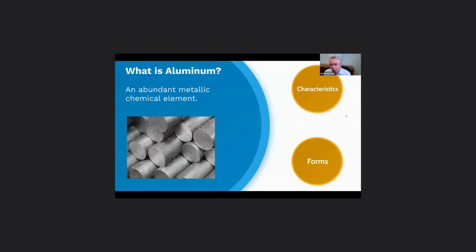And some fun facts from the Aluminum Association: 65% of aluminum is currently being recycled. On average, Americans recycle about 2 out of every 3 aluminum cans that they use. So yay us. And about 75% of all aluminum ever produced in history is still in use. So let's move on from there.